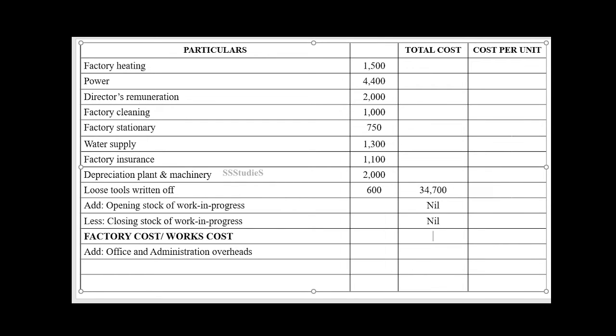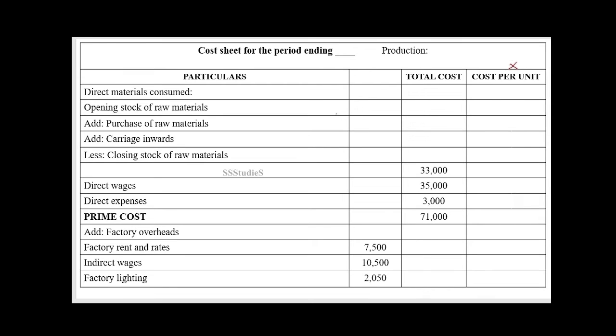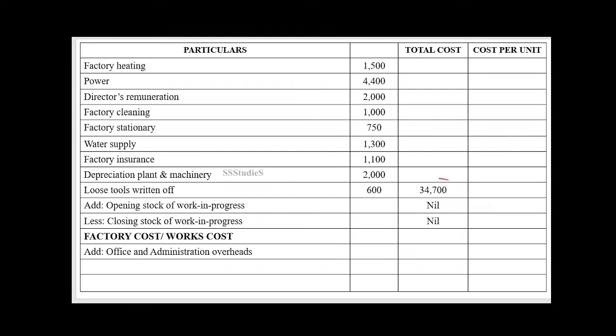So to the prime cost, that is 71,000, if we add 34,700, we get factory cost or works cost. So that comes to 1,05,700. So factory cost is 1,05,700.